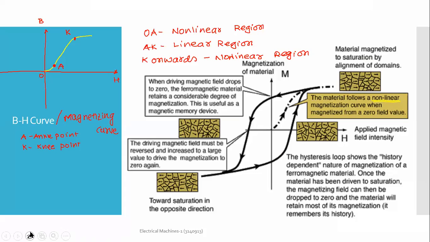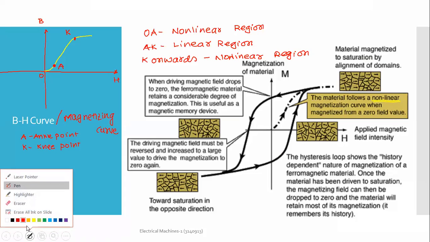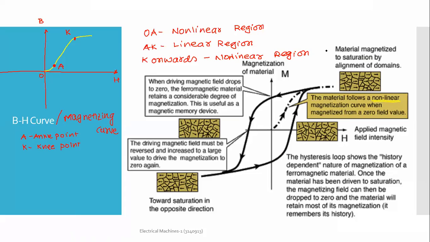Now, here you can see that if we increase the H in this region, the flux will not increase proportionately.